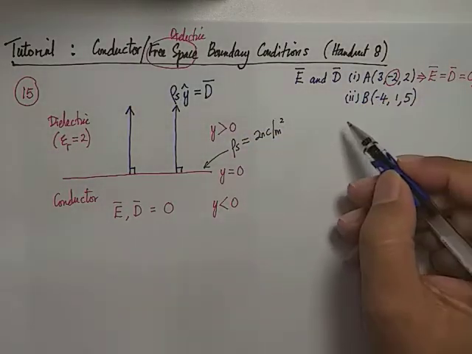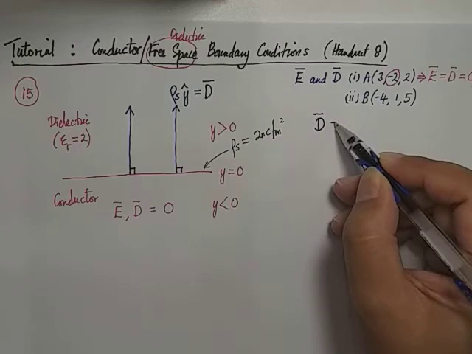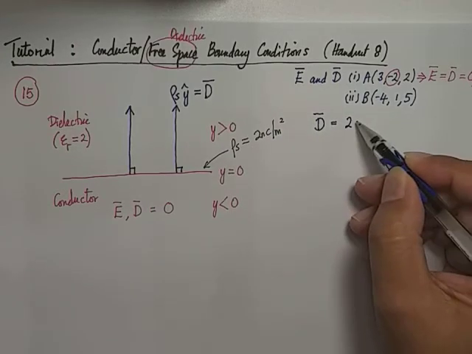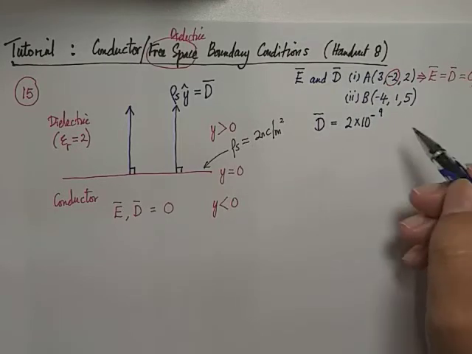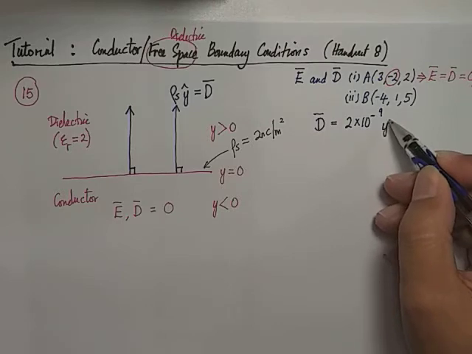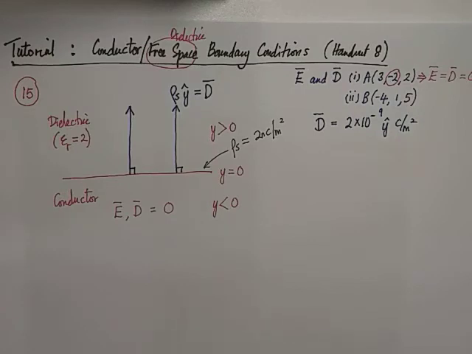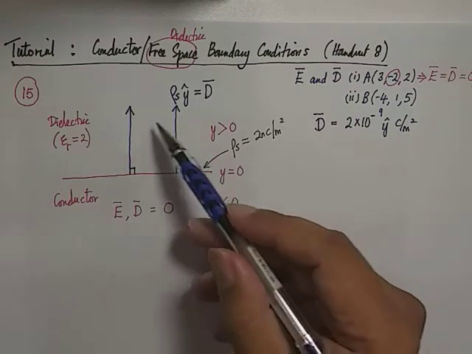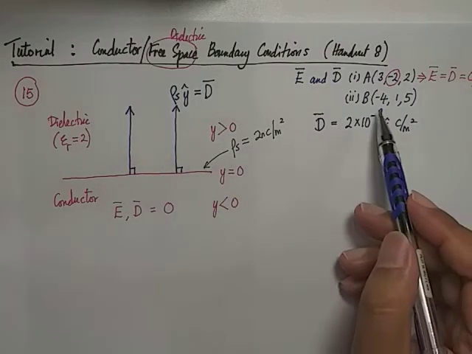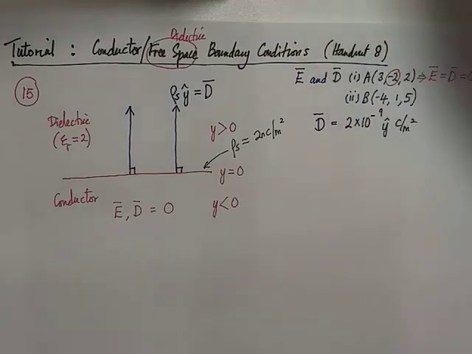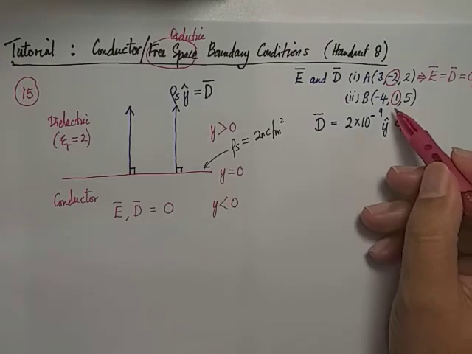So at point B, what we can conclude, the D should be equal to 2 times 10 to the power negative 9, nano, and then which direction? Y direction, coulomb per meter squared. That should be the answer for the electric flux density in this region, and to be more precise at the position of -415, because we can see 1, which is the y value of point B, is greater than 0.